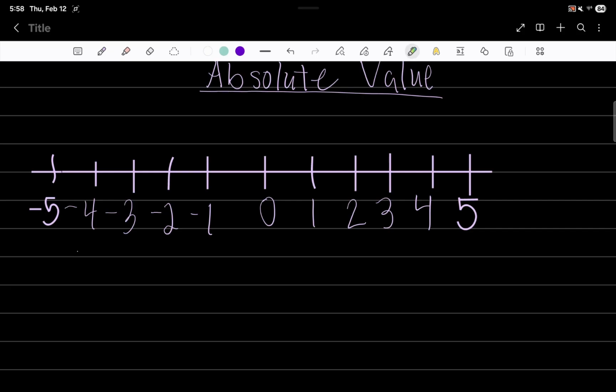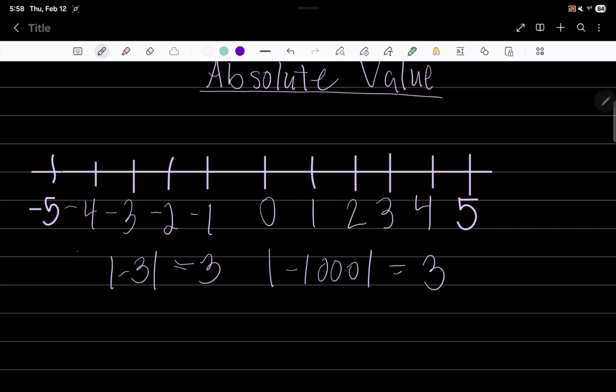So now, remember, I know I said it 1,000 times already in this video, but when it comes to absolute value, we only care about distance from 0. Positive or negative does not matter. So in that case, let's do a couple quick examples. The absolute value of -3 is 3. The absolute value of 1,000 is 1,000.